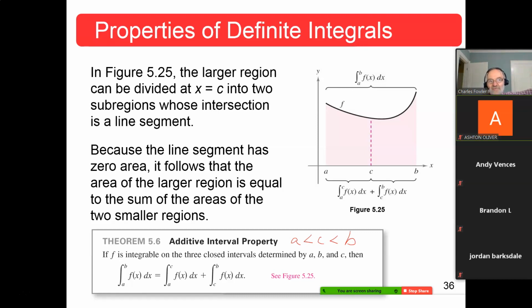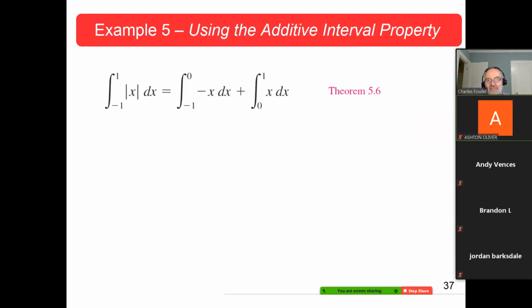If C is over here to the right somewhere, you do the integral from A to C, and then do the integral from C to B. That's going to be a negative integral. You're still going to wind up with the integral from A to B. So it's okay even if C is outside of that, either less than A or greater than B, it still works. Okay? Now, here is example 5.